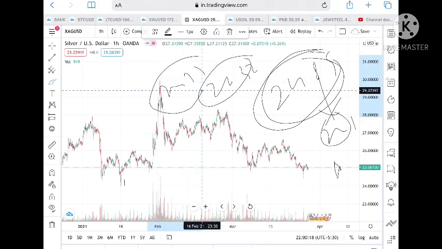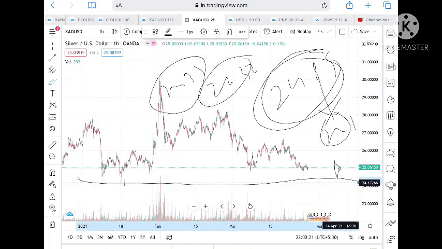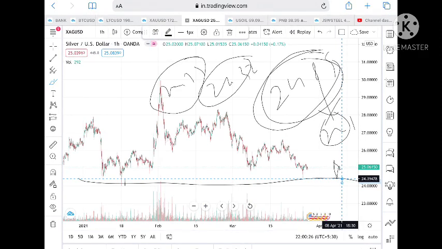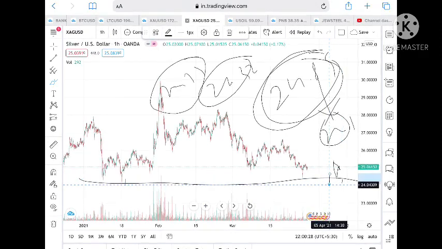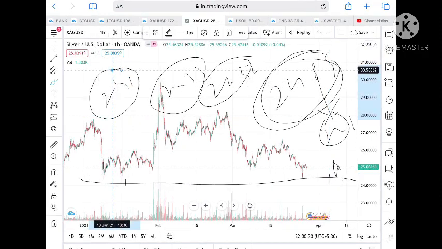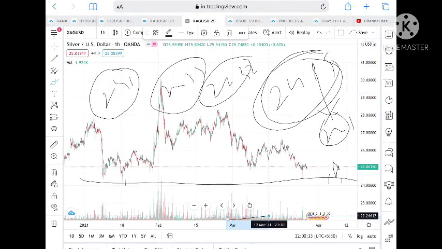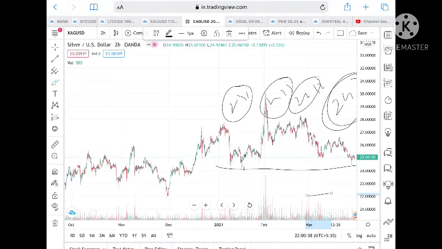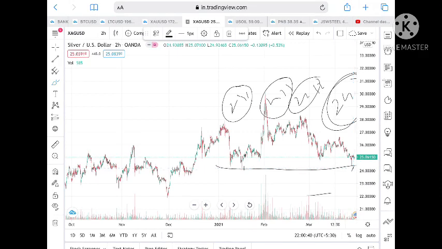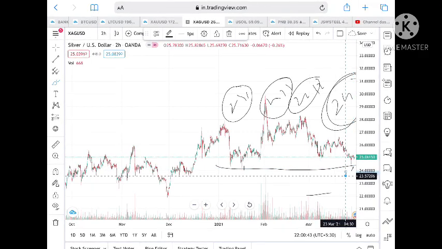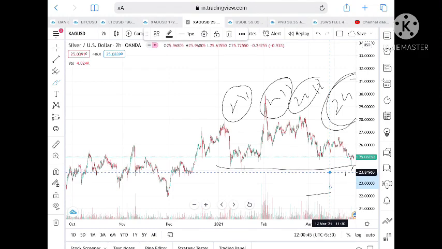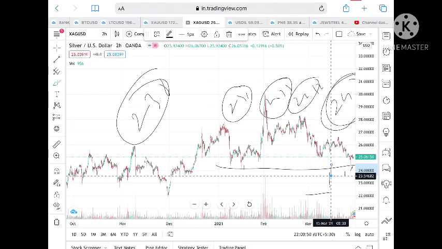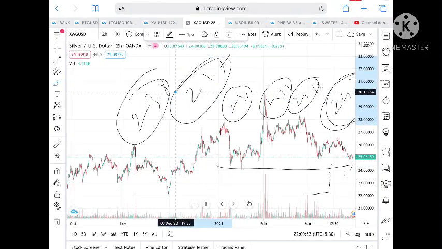Once it breaks 24.39, we can see a target of 24. Once 24 is touched, it can break to a new low of around 23.8. Once 23.8 is touched, it can touch a level of 23.5.